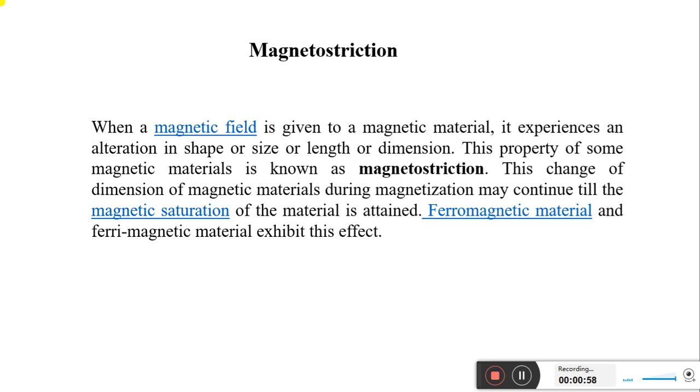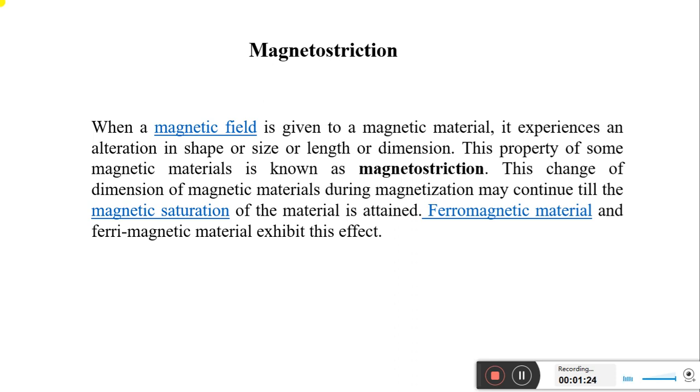If you apply a magnetic field to a magnetic material, it experiences an alteration, that is, a change in shape or size or length or dimension. So if it happens in the magnetic material, then this property of some magnetic materials is known as magnetostriction.